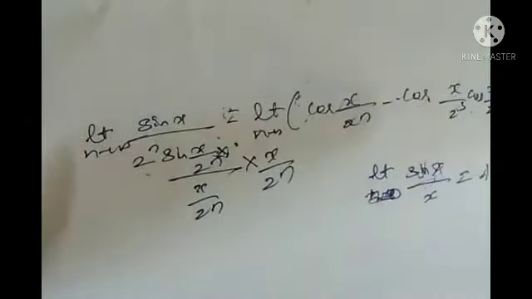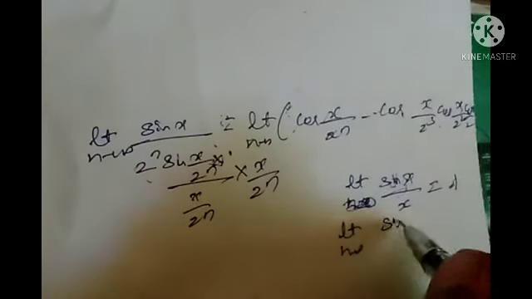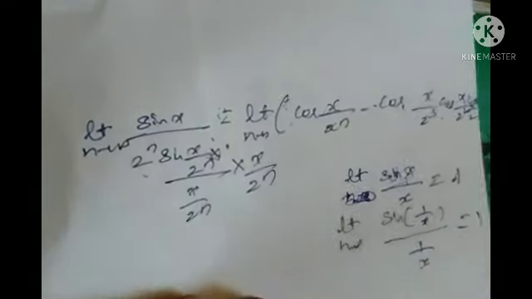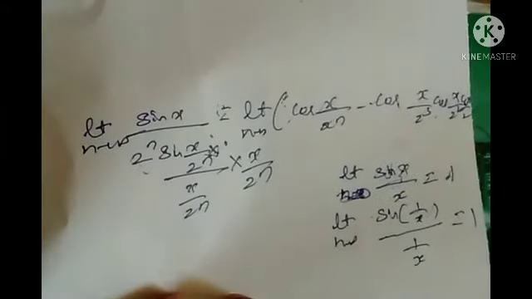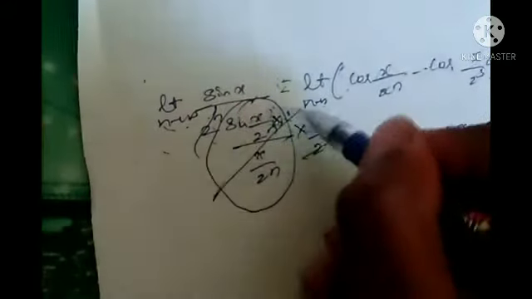Okay, we know that. Limit of x by sin x value is also 1. Okay, like this it is in the form of like this. That's why this 2 power n, this 2 power n get cancelled, and as limit n tends to infinity, this whole term value is 1.